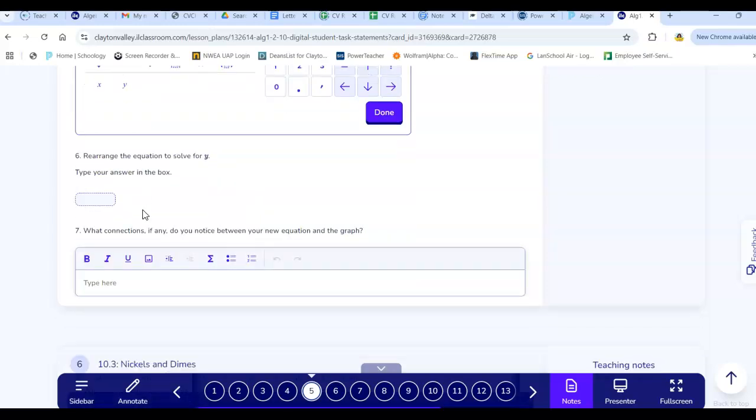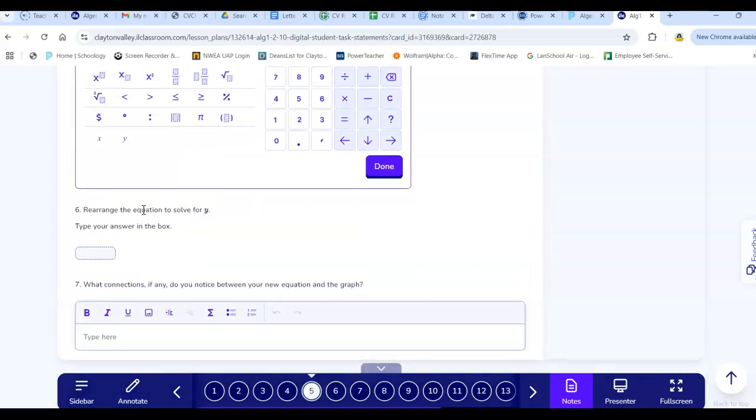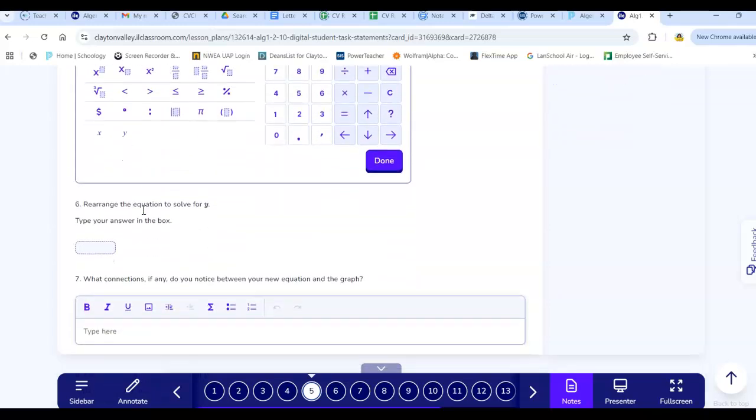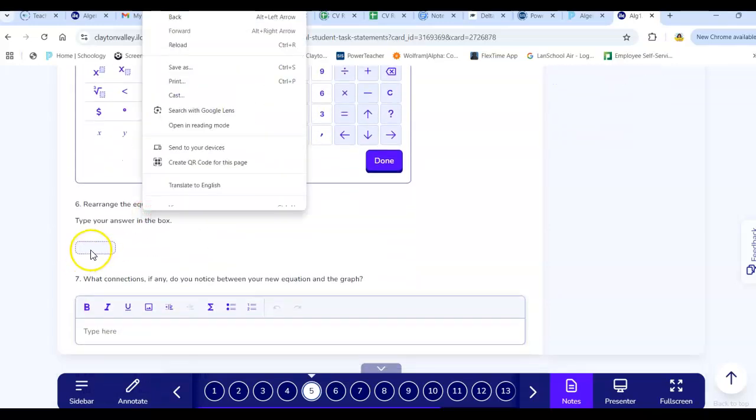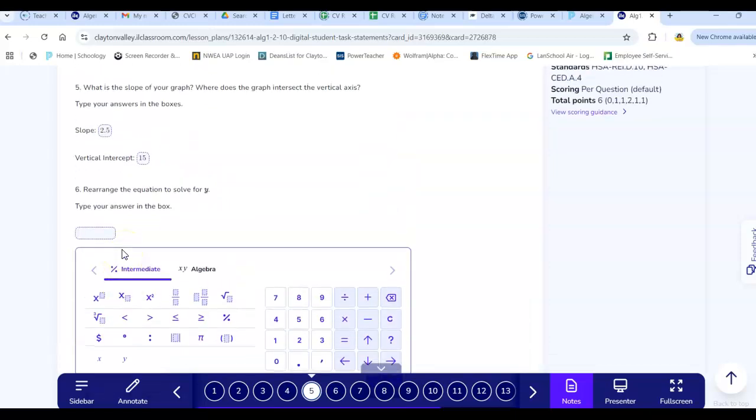All right? And so now they want you to rearrange your original equation. So I'm going to connect this for you now. I'm going to type the original equation, 2.5x plus y equals 15. Remember that? All right, so I'm just going to isolate y.